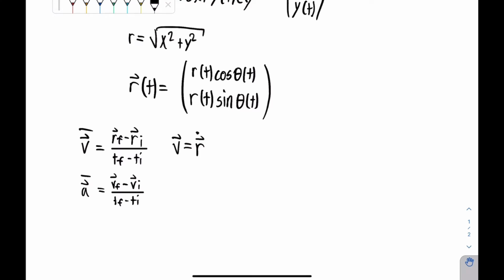This gives us now an expression in the limiting case for the instantaneous acceleration. The a vector is equal to the first derivative of the v vector, which is equal to the second derivative of the r vector, r double dot. Essentially, we recover the same relationship that we had in 1 dimension, but we are now dealing with vectors.